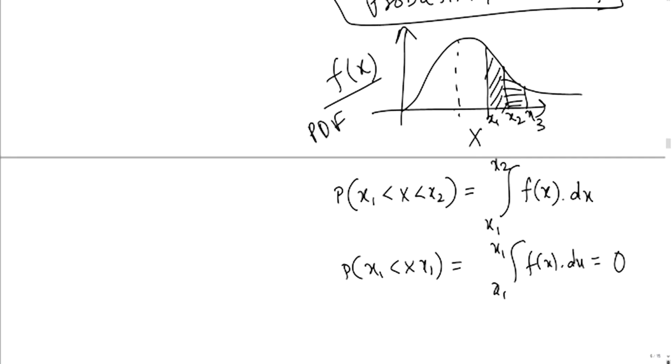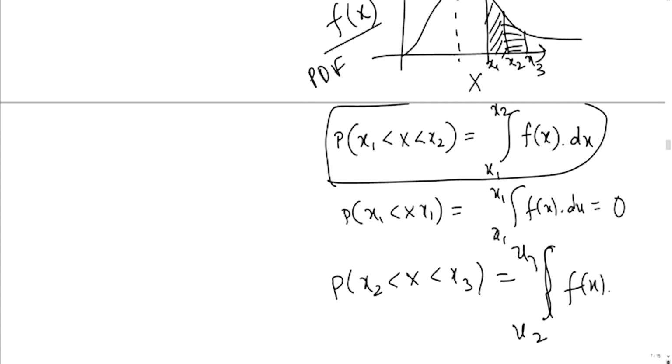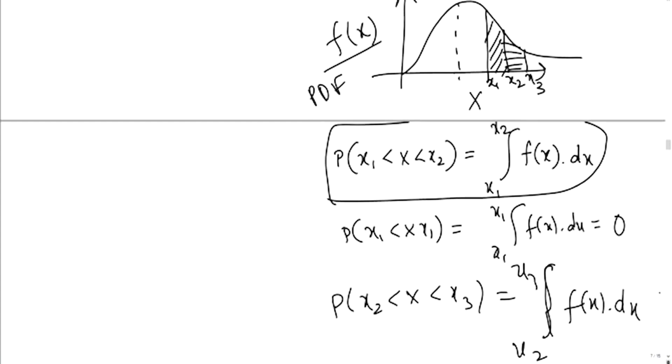So what is the probability mass between x1 and x2? It is given by this. What would be the probability mass between x2 and x3? It would be given by this: the area under the curve between x2 and x3, fx dx, right?